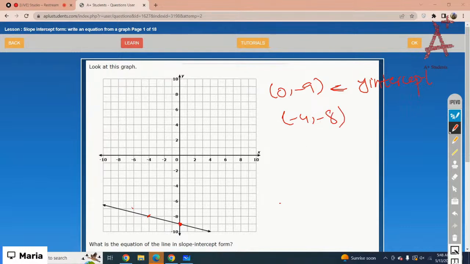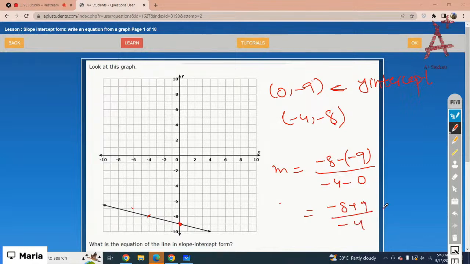Just use these 2 points to find the slope. It would be m equals y2 minus y1, negative 8 minus negative 9, divided by negative 4 minus 0. So it would be negative 8 plus 9 divided by negative 4. So 9 minus 8 is 1. It would be negative 1 over 4.